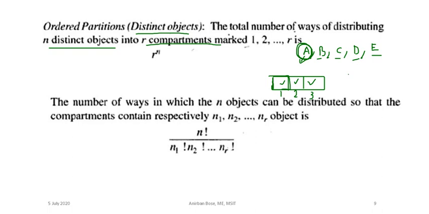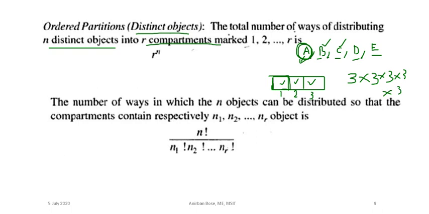So for A there are 3 options. Now for B, how many options are there? After putting A in any one of the compartments, we have the choice of B. So B again can be placed anywhere, so for each of these cases, B has again 3 options. Similarly, C has again 3 options, and so do D and E.